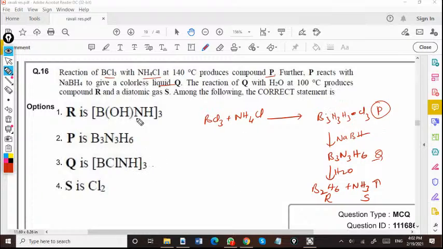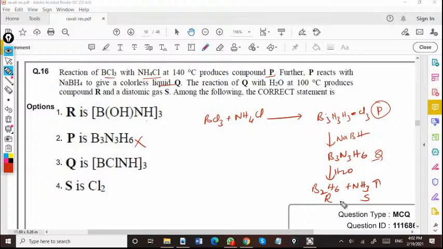So P is B3N3, and there is no oxygen, so it is not possible. I'm sorry, P is not the borazine, it is Q, so I can rule this out.